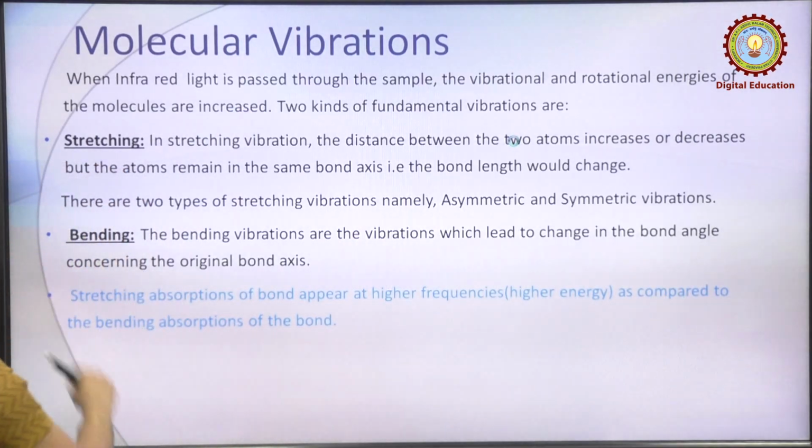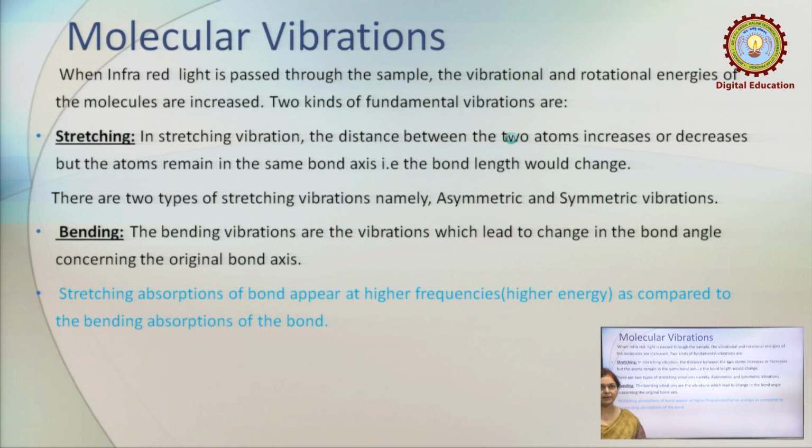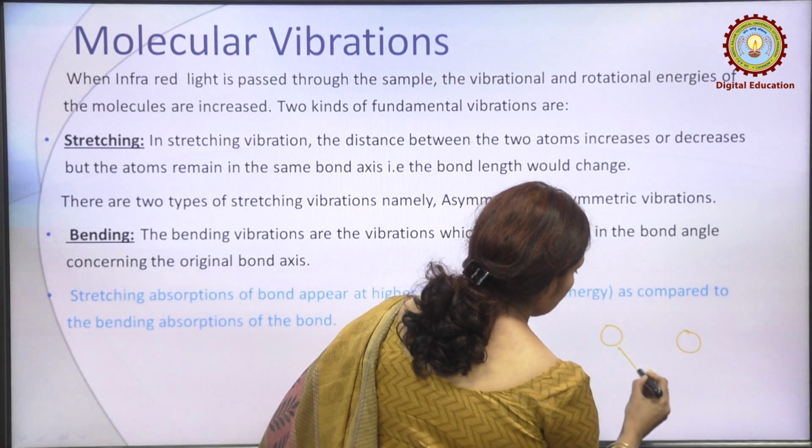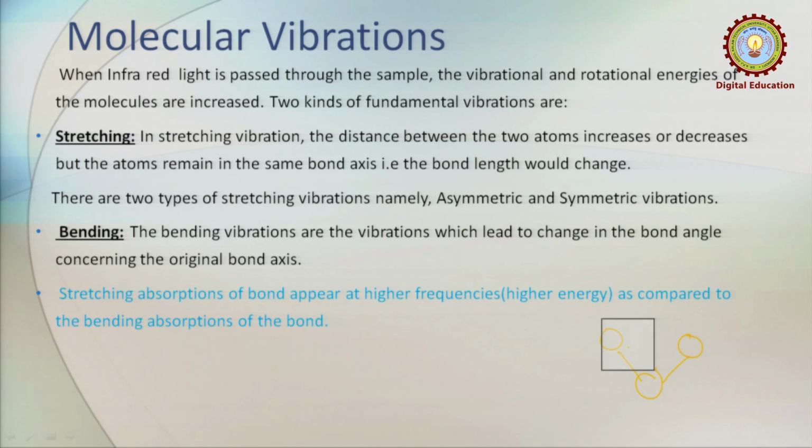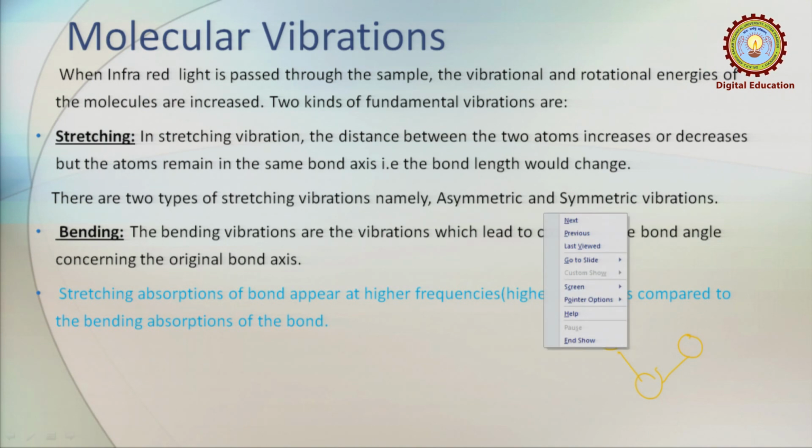Out of these two vibrations, the stretching absorption of a bond appears at higher frequency or higher energy as compared to the bending absorption of the bond. Why? What is the reason? Let us consider a central atom and two subsequent atoms.